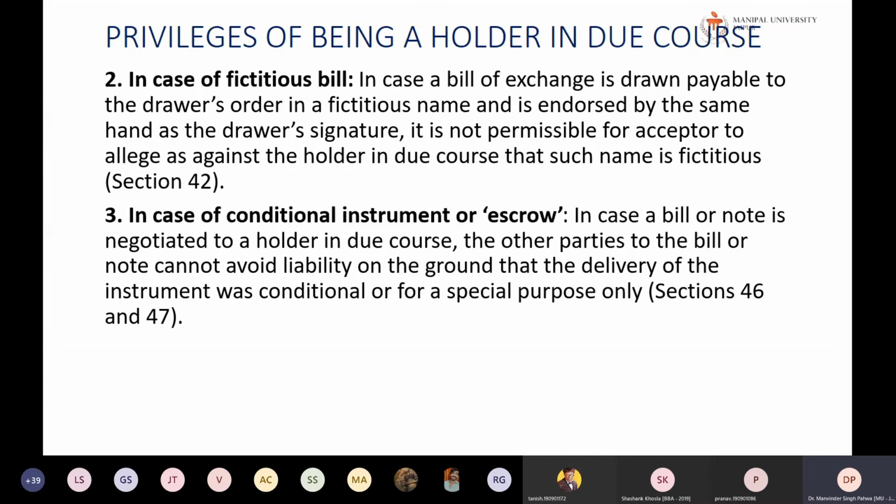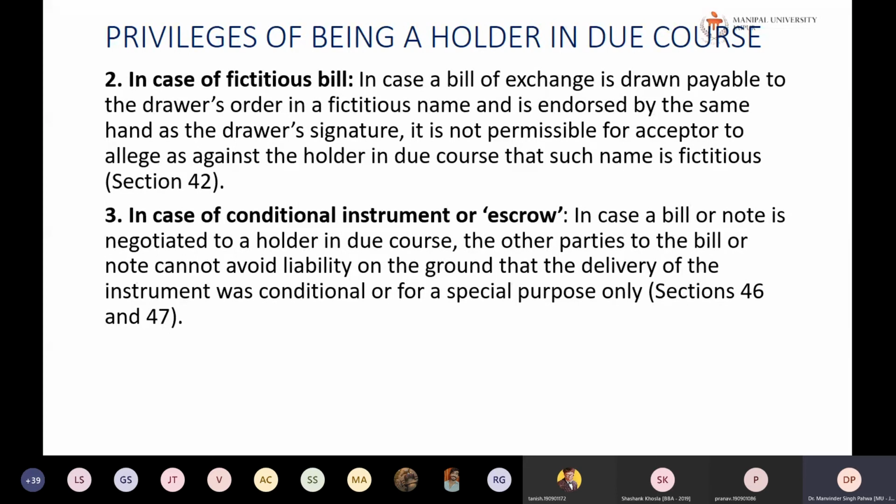Then in case of a conditional instrument, it is called escrow. In case a bill or a note is negotiated to a holder in due course, the other parties to the bill or the note cannot avoid the liability on the ground that the delivery of the instrument was conditional. Those instruments which are conditional, or escrow, are on the happening of a certain event.